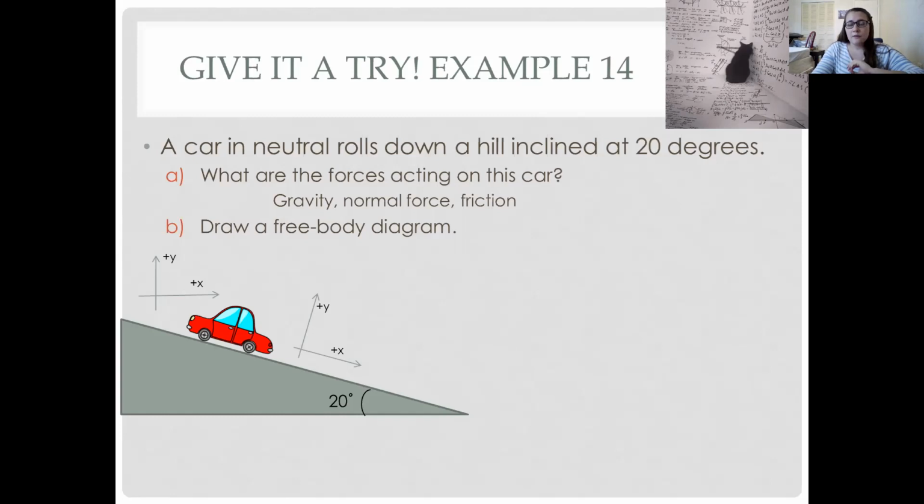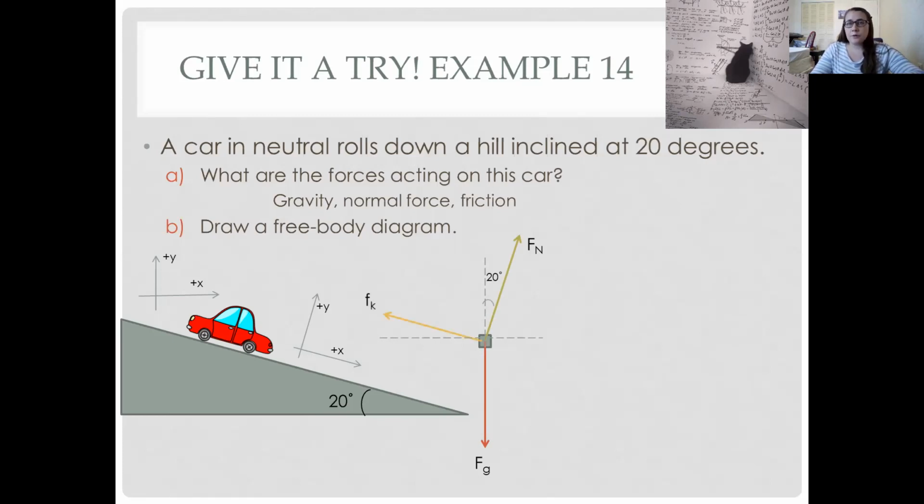So in the first case, if we leave positive y being straight up and positive x being to the right, this is what our free body diagram would look like. We have the force of gravity pulling straight down. The normal force, remember, normal means perpendicular, so our normal force is going to be perpendicular to our surface at a 20-degree angle from straight up and down.